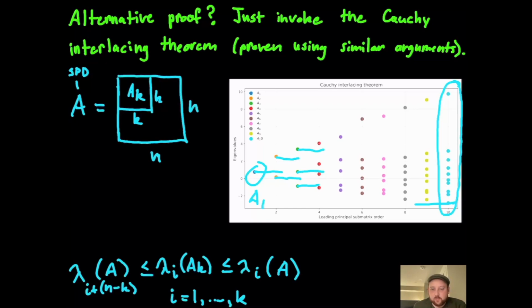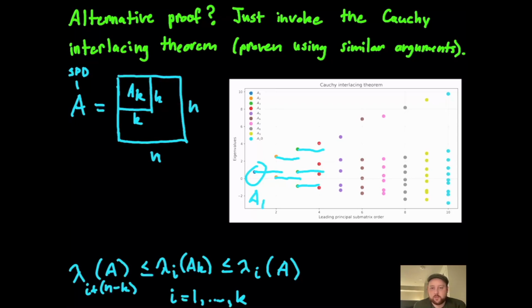So the A9, the A8, the A7, because they all interlace the eigenvalues of the larger matrix. So there's your simple proof using the Cauchy interlacing theorem, why all leading principal submatrices of an SPD matrix are also SPD themselves.